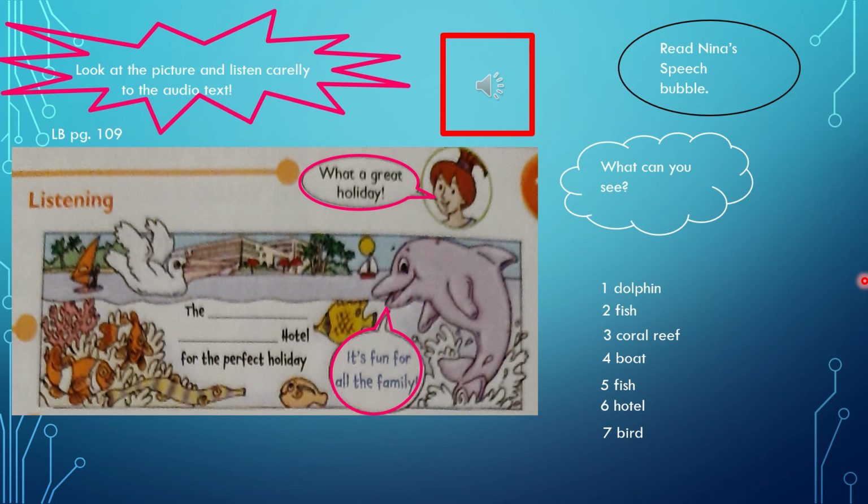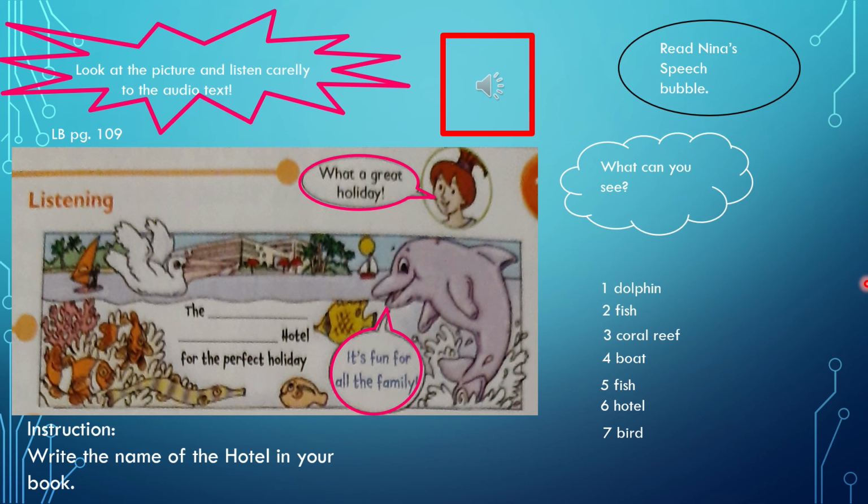Now, when we were listening to our audio, we heard the name of the hotel. So, we are going to write the name of the hotel in your book. We are in your language book on page 109.